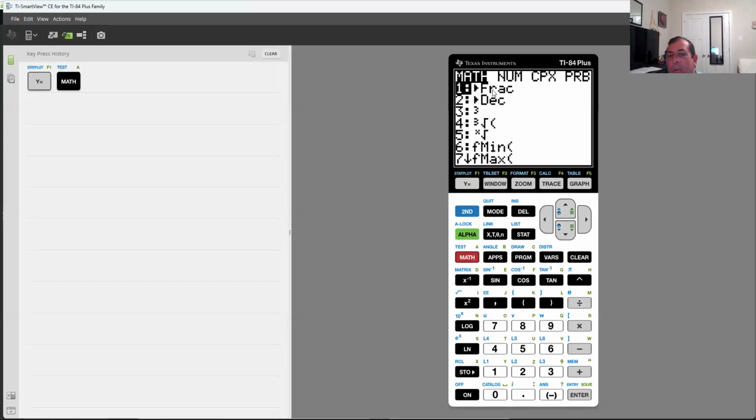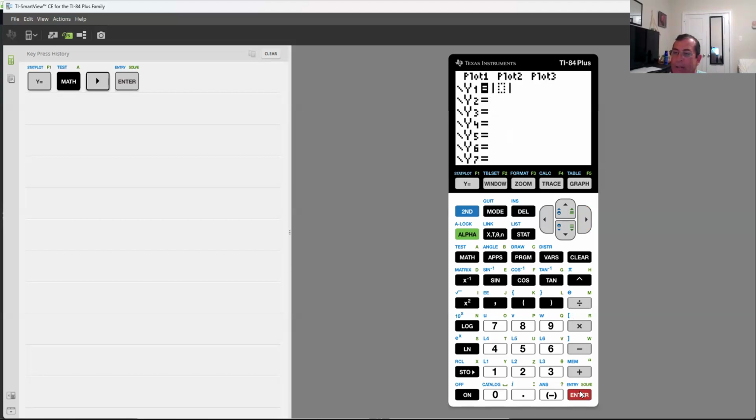Then I'm going to arrow right until the NUM column is highlighted for number. Look at the very first option you got there. On number 1, it says ABS. Guess what? That's absolute value. Since 1 is highlighted, I'm going to hit enter, and that's going to bring the absolute value bars onto my screen, okay?